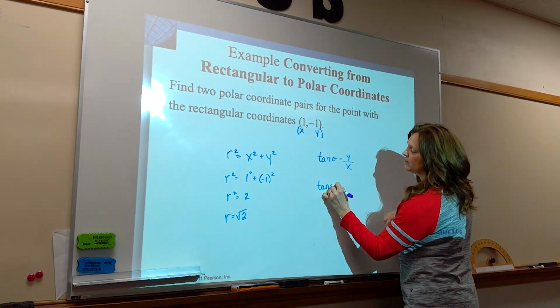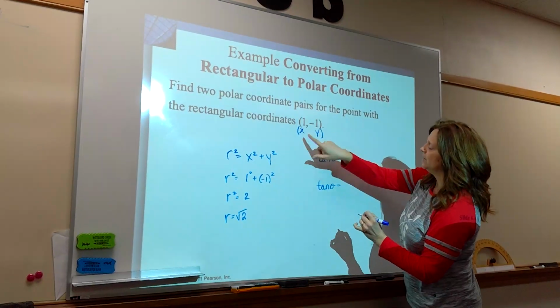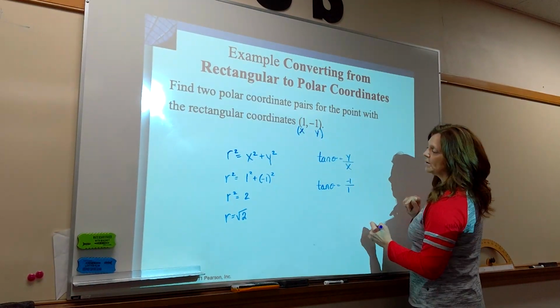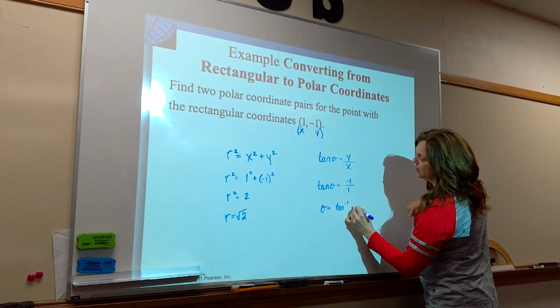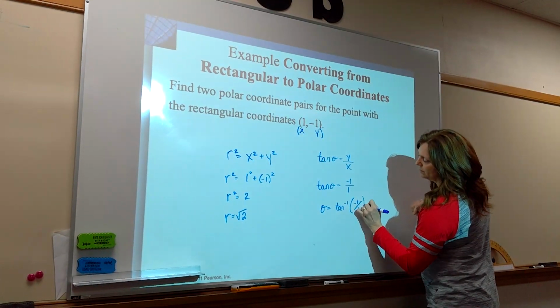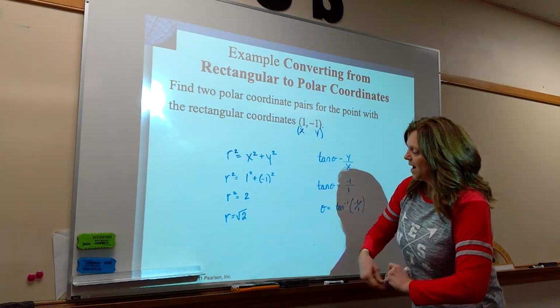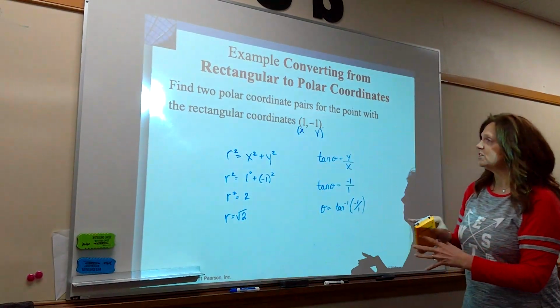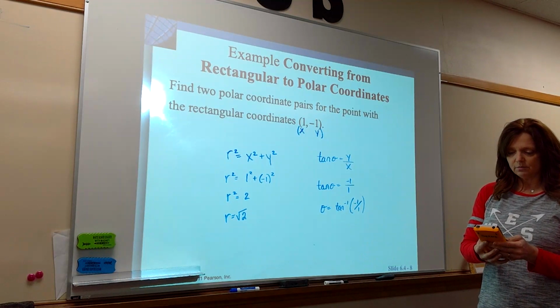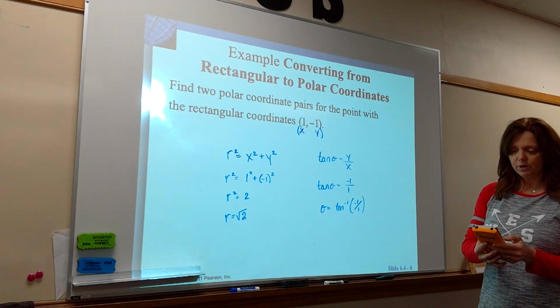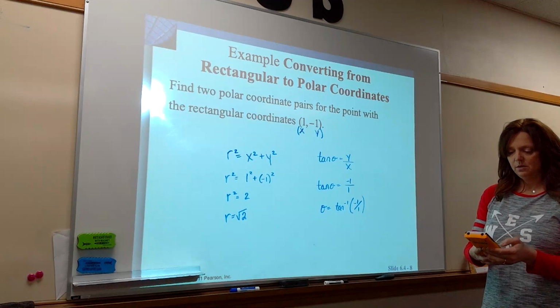Tangent theta, so we can figure out theta, is y divided by x, so negative 1 divided by 1. So we're going to do inverse tangent on our calculator. I'm going to switch back to degrees because I prefer my answer in degrees.